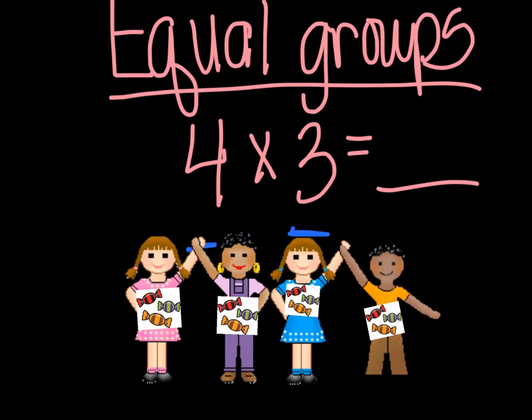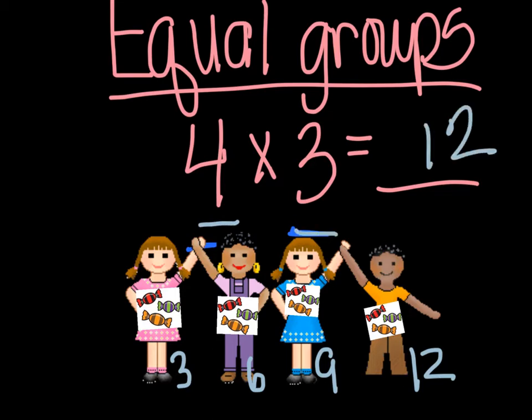So now all I have to do is count the candy. You can count by 3s, or you can count by 1s, whichever you choose. I'm going to count by 3s. So I'm going to say 3, 6, 9, and 12. So my answer of 4 groups of 3 is 12.